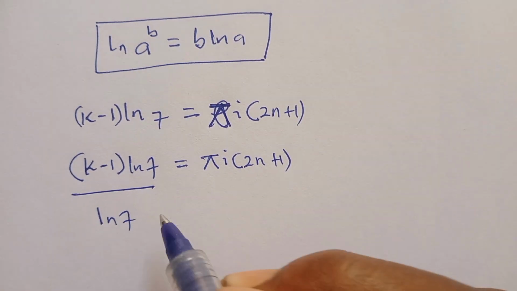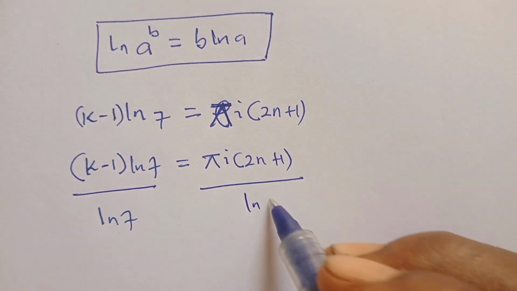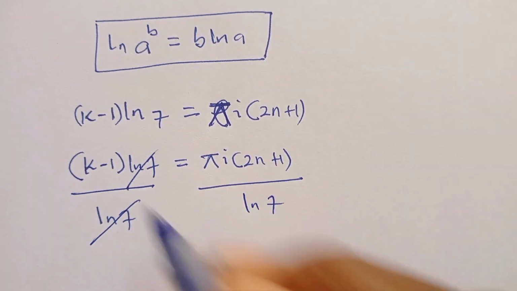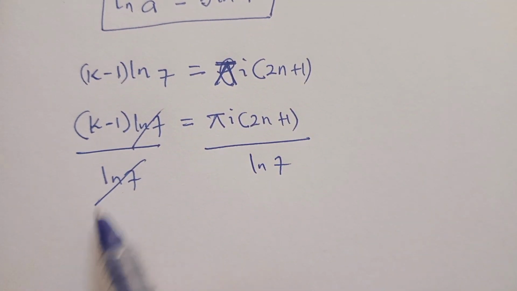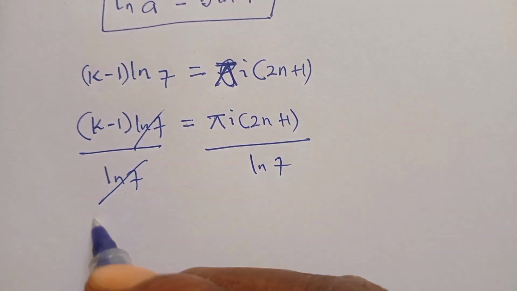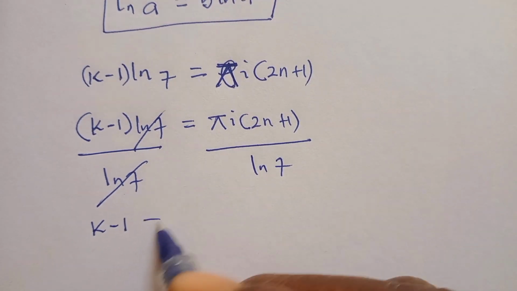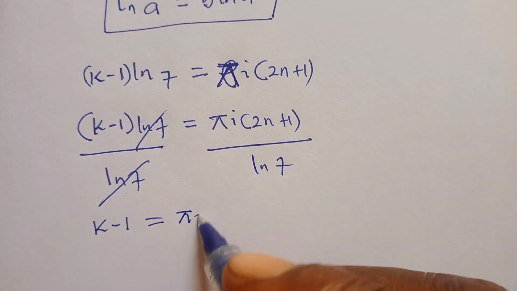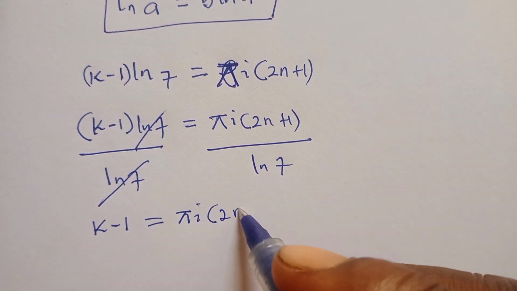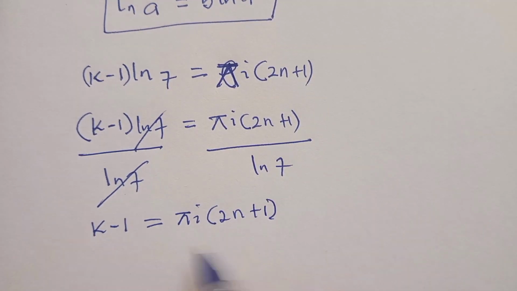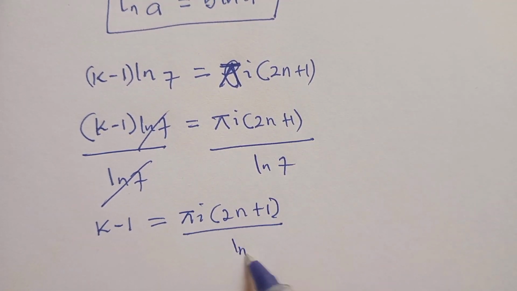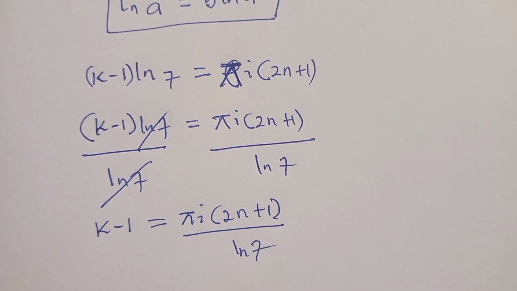So the ln of 7 will cancel out, and we are left with k minus 1 equal to pi i into bracket 2n plus 1 divided by ln of 7.